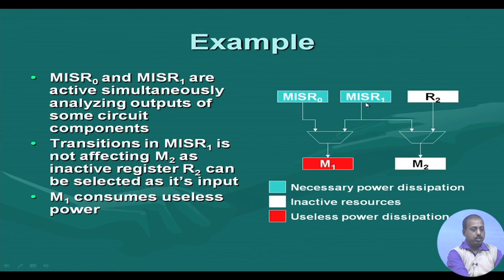MISR 1's result need not come to M2. So, we put R2 in some value, so that the M2 component does not see any transition, and the multiplexer is in the select mode, so that the R2 signal is sent to M2. So, MISR 1, though it is connected to M2, does not affect it. But M1 consumes useless power, so M1 has to be somehow taken care of. M1 useless power dissipation has to be reduced somehow.